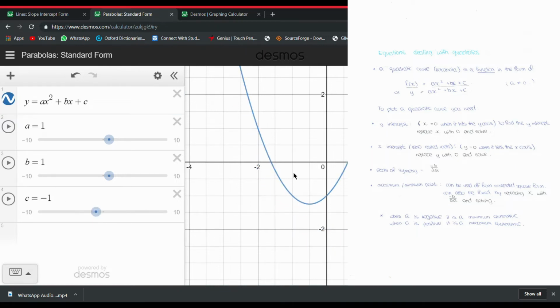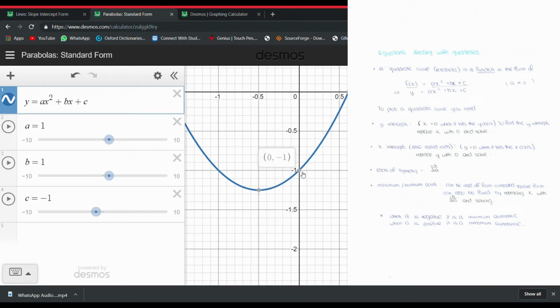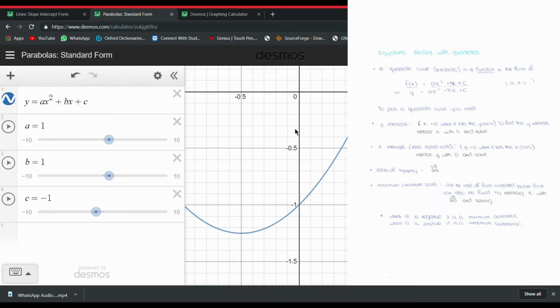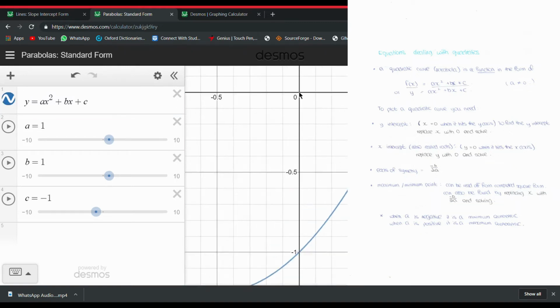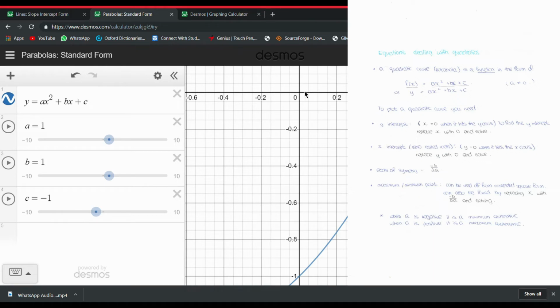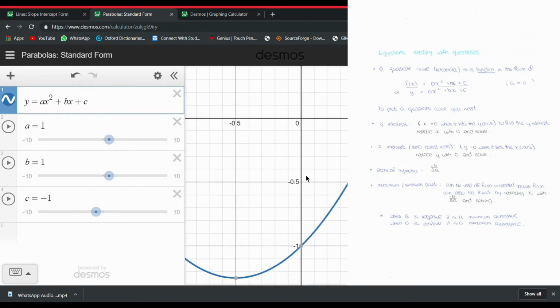It's equal to your constant, but you could also look at it as where x is equal to 0, because wherever the y and x axes meet, x is always equal to 0 here, right? Here's 0, but here is not 0, right?